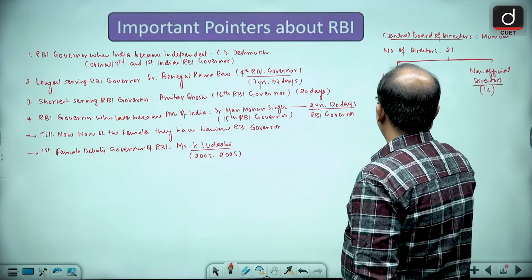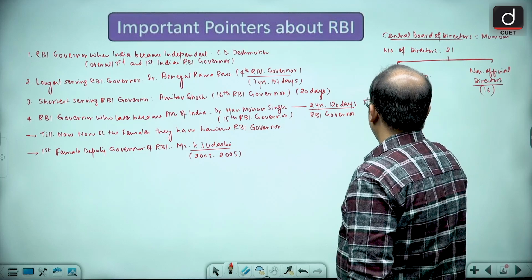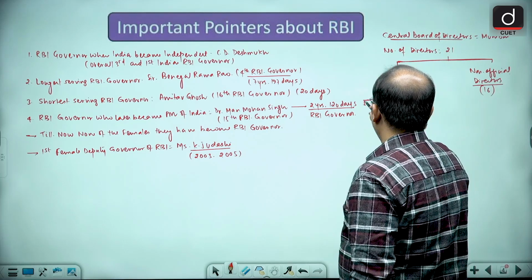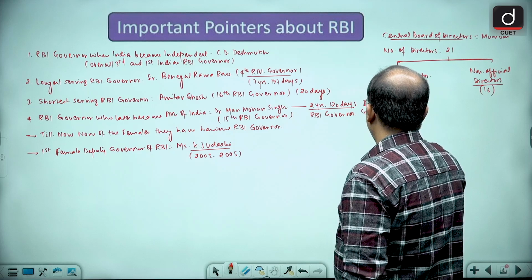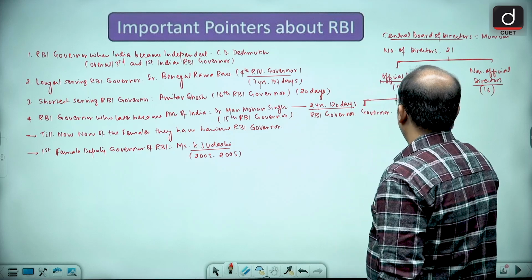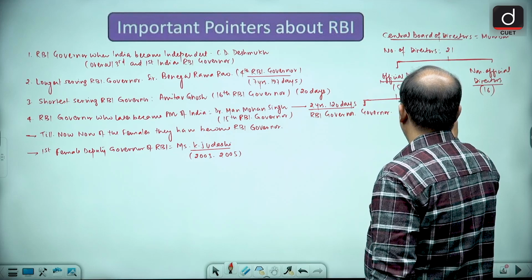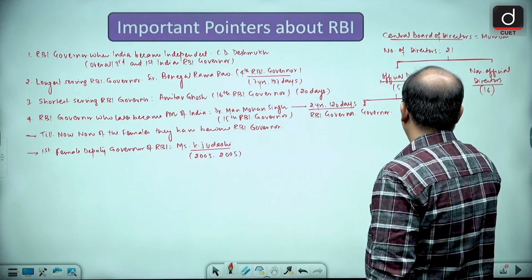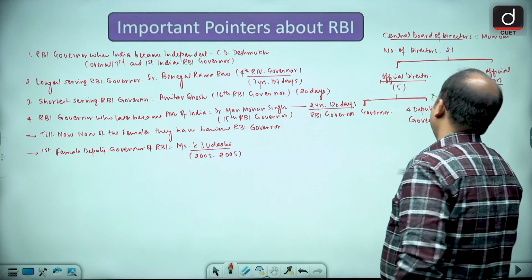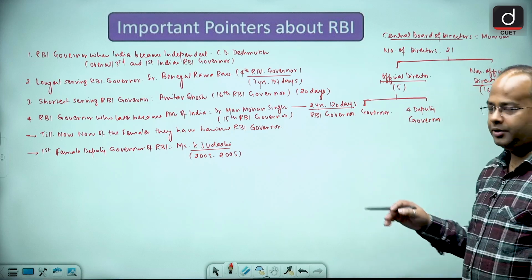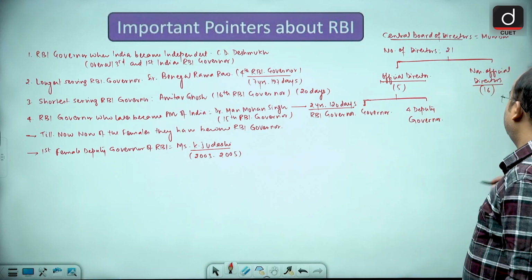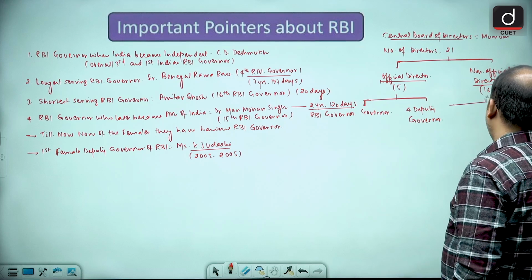Which are the official 5? One is the governor and 4 deputy governors. They are official directors.